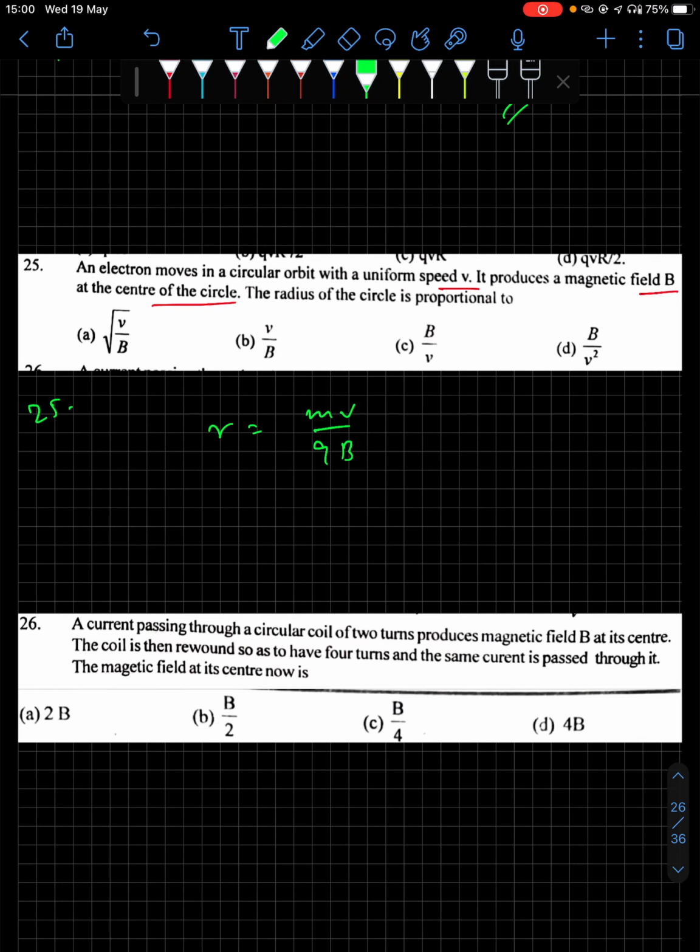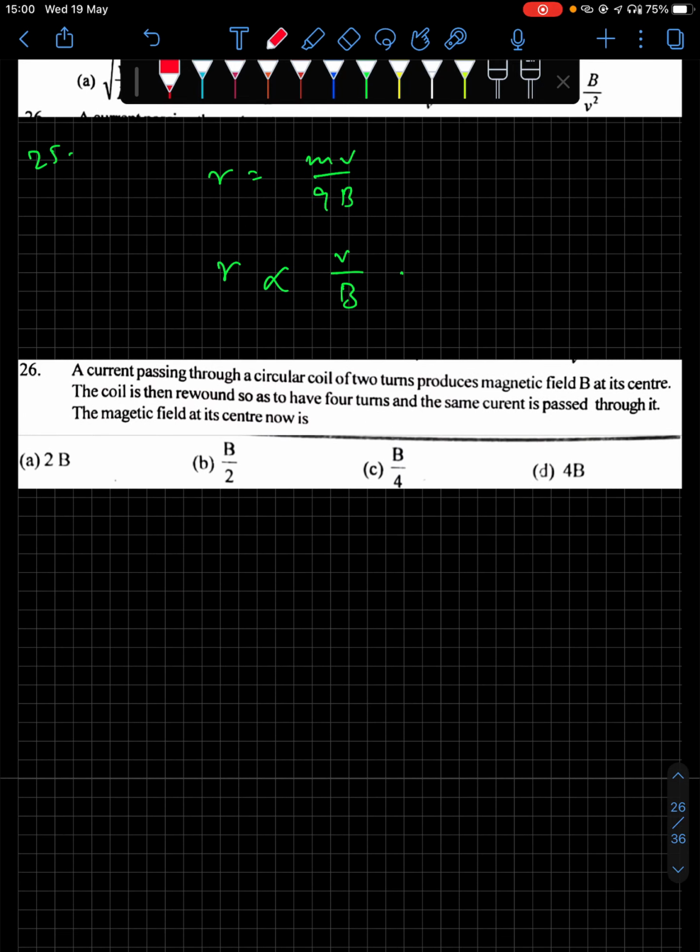So the velocity is constant here, and the charged particle is an electron, right? So for proportionality, mass and charge are constant for electrons, so you can write it as proportional to v by B. So option number B is the answer.